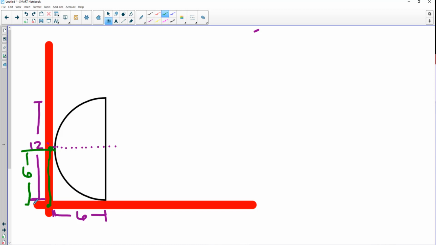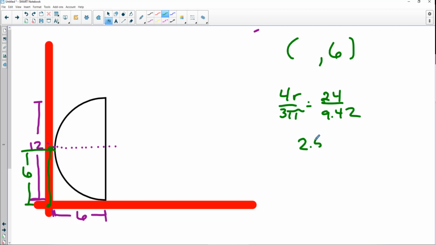Which coordinate is that? That's y. So of my two coordinates, I know that y is 6. But to find the other one, I need to do 4r divided by 3 pi, which equals 24 divided by 9.42, which we said was about 2.55. So you say, well, Mr. Cahoon, it's 2.55, so I just put 2.55 up here.